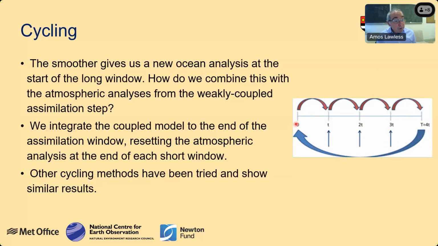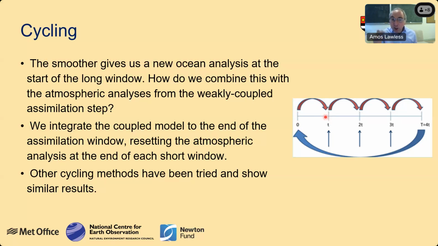Now, we've tried different things. What we do is we take this new ocean state and the atmosphere state we analysed here, run forward to the next short window, and at the end of each of these short windows, we reset the atmosphere to the atmospheric analysis that came from the short window assimilations.